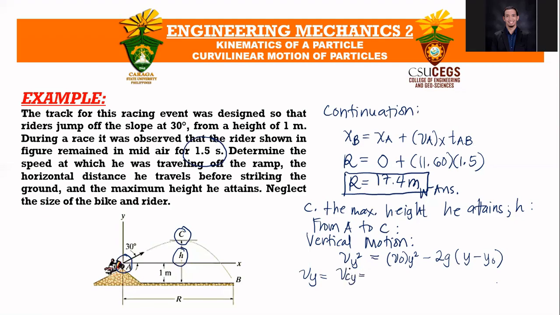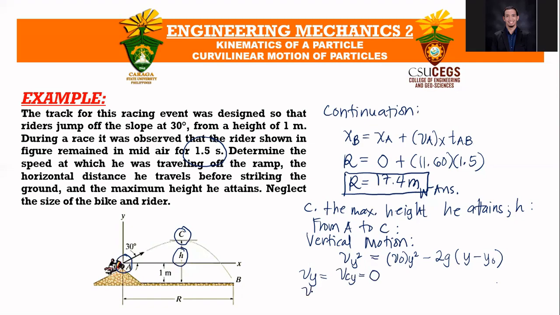And our VCY, since it is at the maximum height, would be equal to 0. Right, if an object reaches its maximum height, its velocity at that point or at that time would be equal to 0.